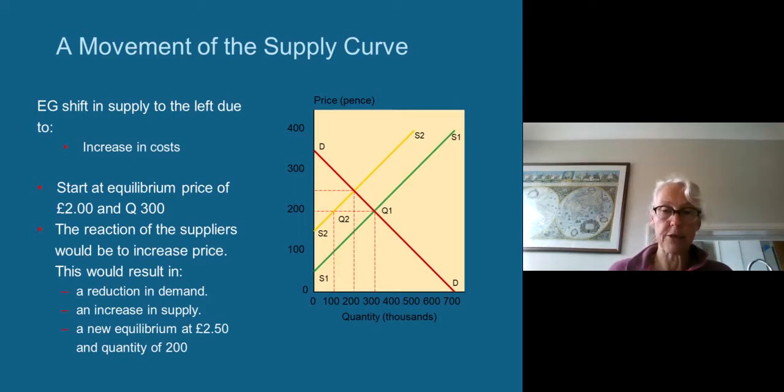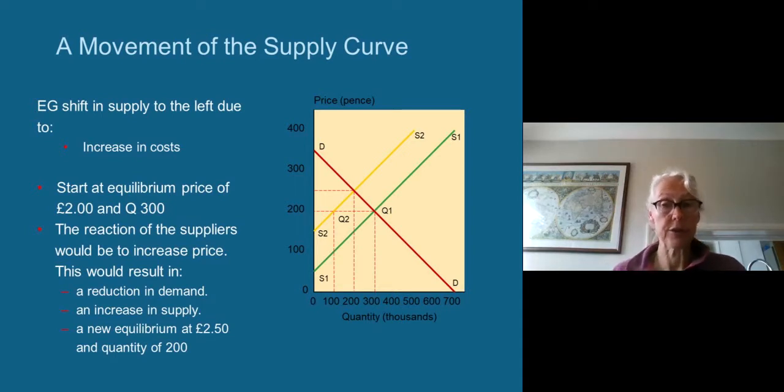What we're seeing here is there is this shift over, and this actually causes a shortage. Supply is less than is demanded, and the reaction of the suppliers is actually to increase the price here, because obviously they've got to actually meet their costs too, and this would actually result in a reduction in demand. So essentially what we're seeing is the suppliers' costs have gone up.